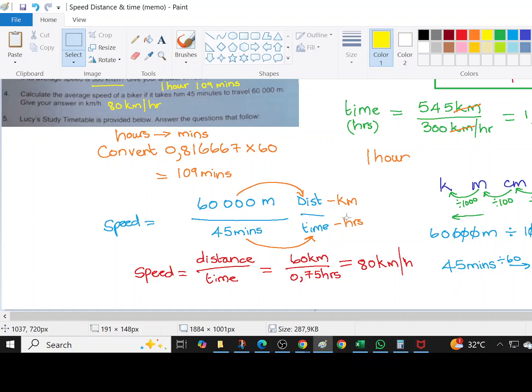So I taught you two methods now of calculating conversions. It's this one here, and it's that other plus method. You know, the divide up, multiply down.